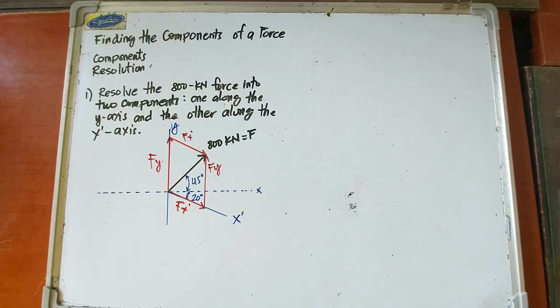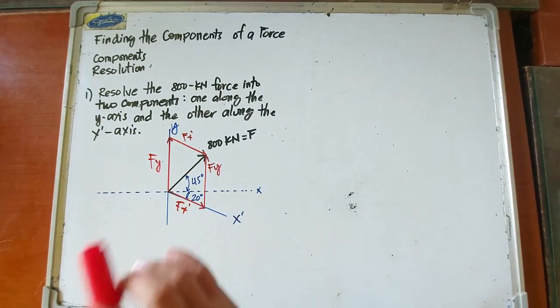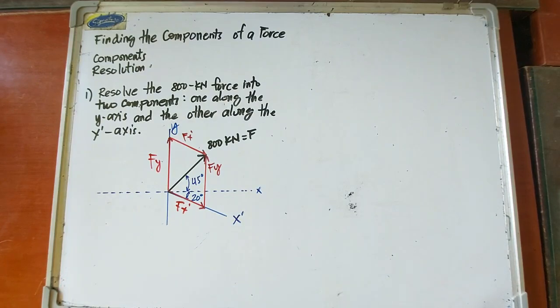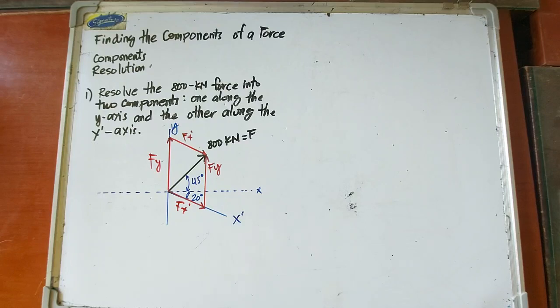So that means we need to solve, since we are solving for the two sides here, first for another angle sa triangle. Para ma-solve natin, magamitan natin ng any trigonometric function or any trigonometric law to solve for the unknown components.